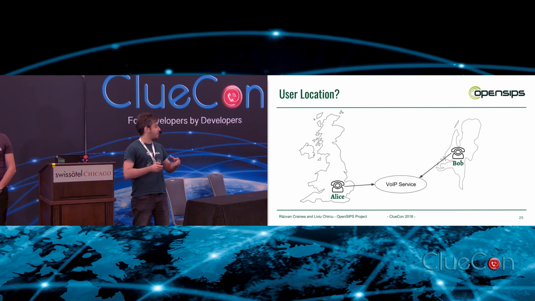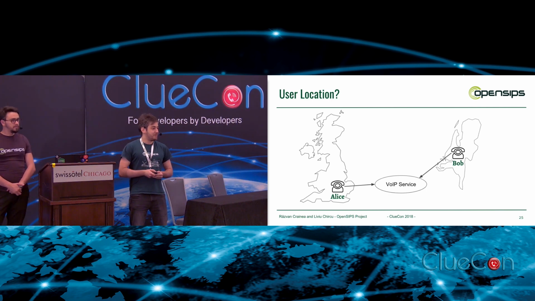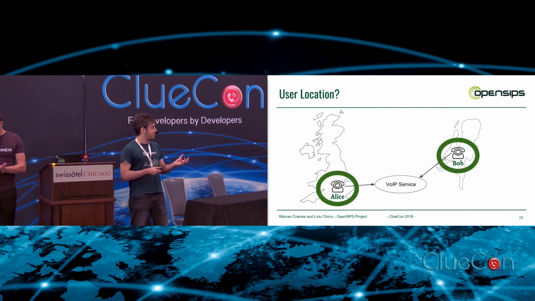Quick summary, are we all up to par on what a user location is in the first place, in SIP? Because, I mean, to me at least, it's a bit of a confusion in there. Because on one hand, we have the location of the user, right? Here we have Alice and Bob in London and Amsterdam, registering to the service.